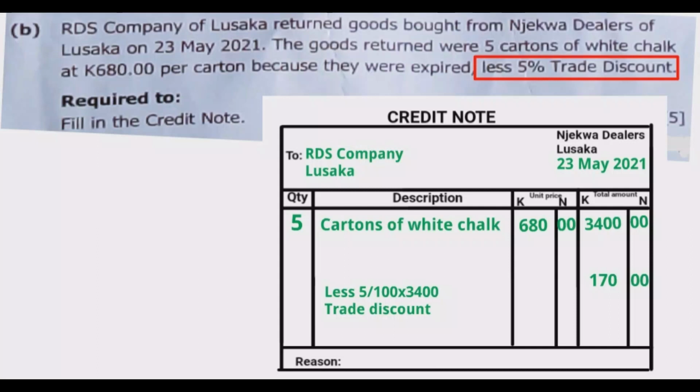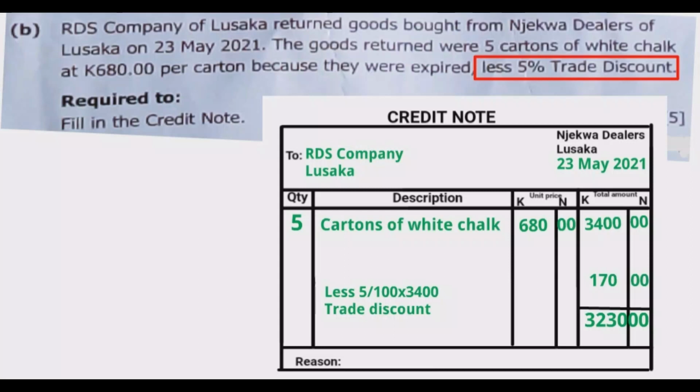If that is the discount of 5 boxes, then we can come down here and write the total. So the total will be written here, which will be 3,230 kwacha. That was the money that was paid. Since they have returned, to refund them, we're going to give them 3,230 kwacha.